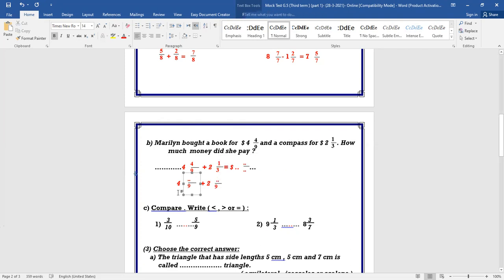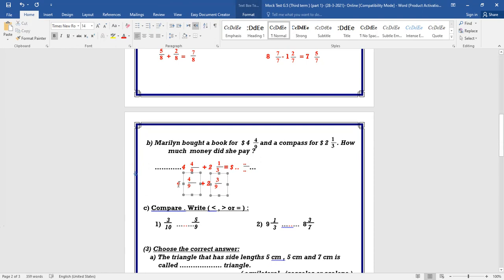First one, 9, the same 9, multiplied by 1. Multiply 4 by 1 equals 4. And the other fraction: how will 3 become 9? 3 multiplied by 3. Excellent. Then you multiply 1 by 3 equals 3.